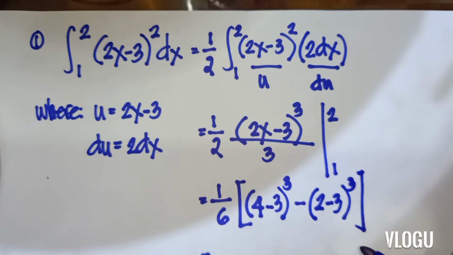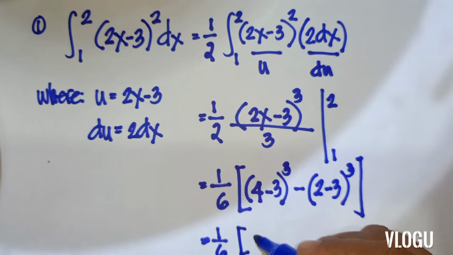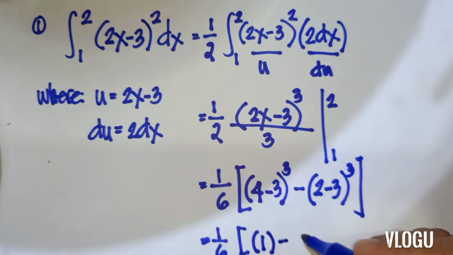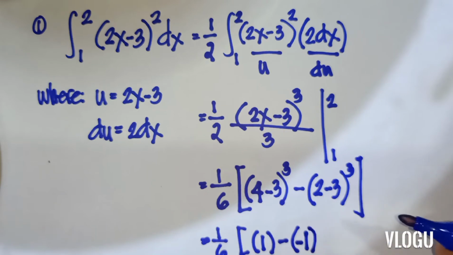So that equals 4 minus 3, that is 1, and 1 raised to 3 is 1. 2 minus 3 is negative 1. So you will have 1 over 6 times 4 minus 3, that is 1, cubed, still 1. Minus, 2 minus 3 is negative 1, cubed, is still negative 1.